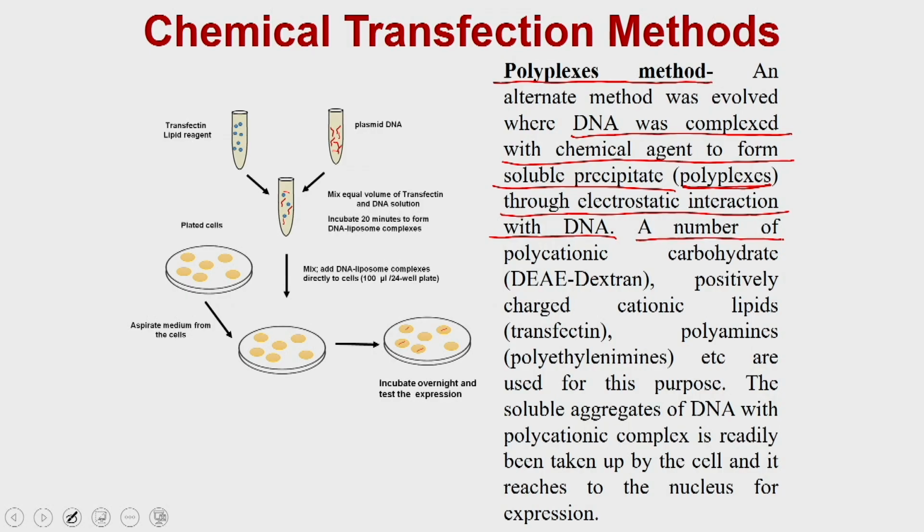Examples of polyplex agents are DEAE dextran, positively charged cationic lipids such as Transfectin, and polymeric amines such as polyethylenimine.